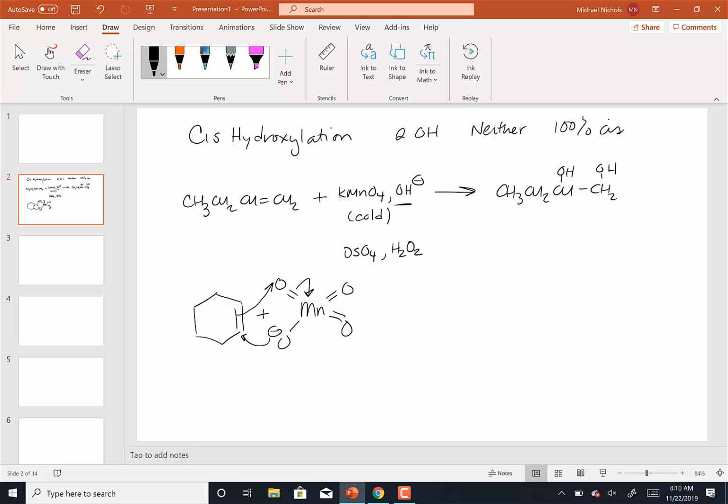That means the other molecule is undergoing oxidation, which it is by gaining oxygens. So what we end up doing is we end up forming a 5-membered ring, and that 5-membered ring will look something like this.